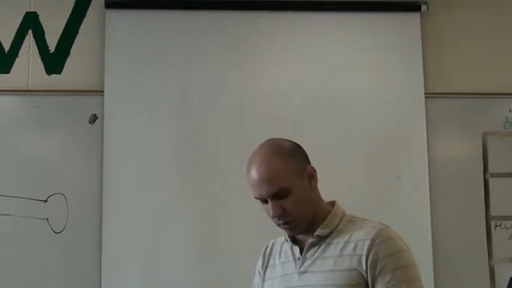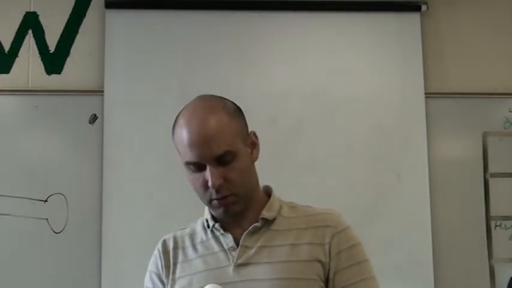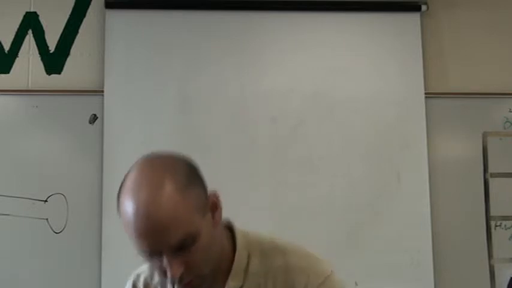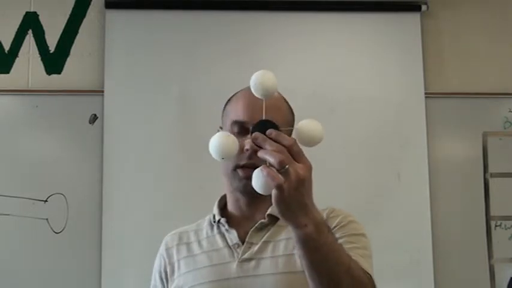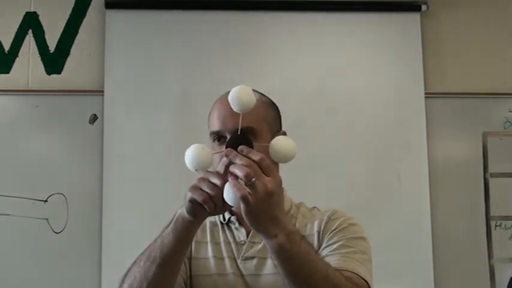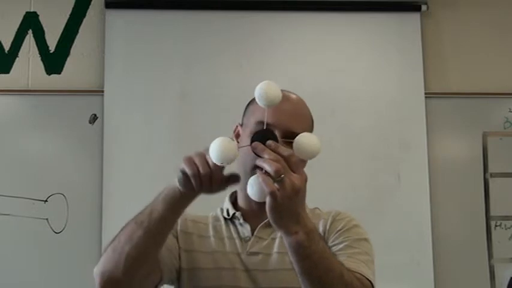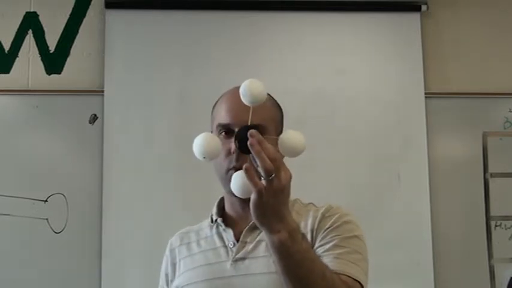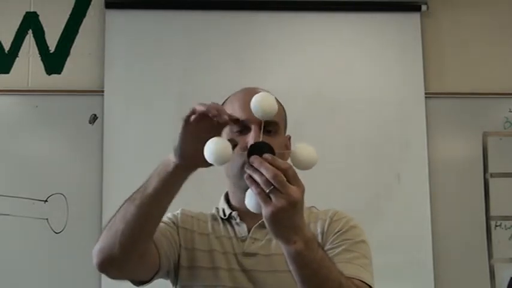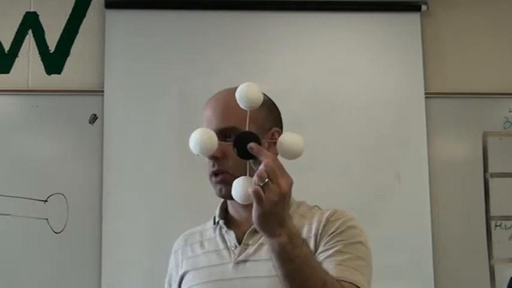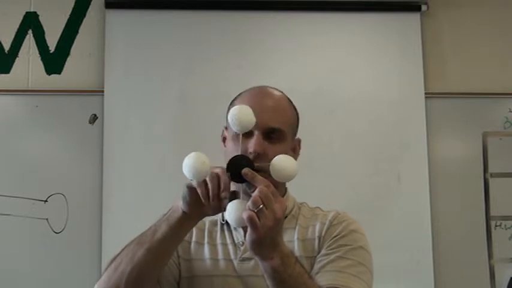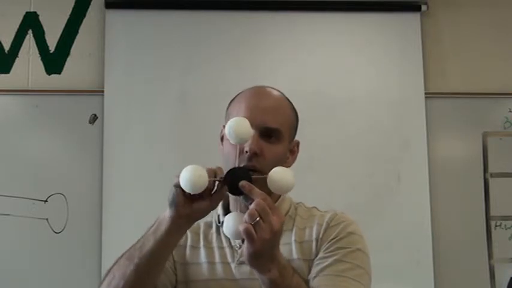So, I have 3 atoms going around my central atom. If I had 4 atoms going around my central atom, what would be the angle between my 2 atoms? 90. Now, remember, the name of this theory is valence shell electron pair repulsion.